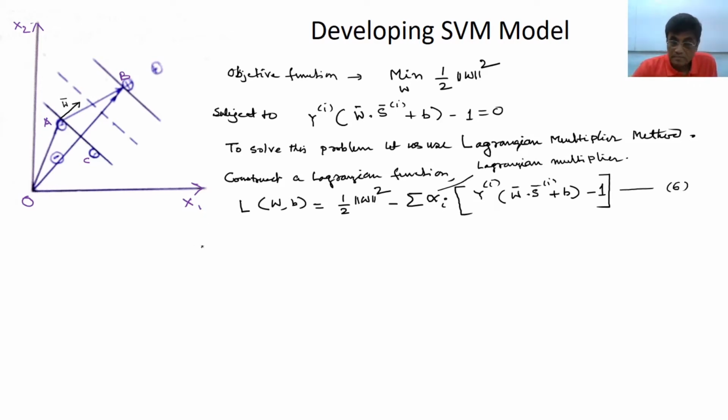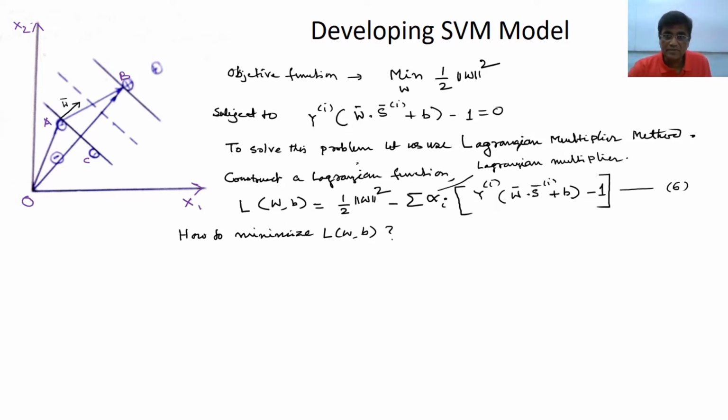Because now this is a function which I can optimize. Here it is minimize. Now how to minimize L? So this is the Lagrangian multiplier method. Is it clear? Suppose here there is one constraint, in vector form of course.